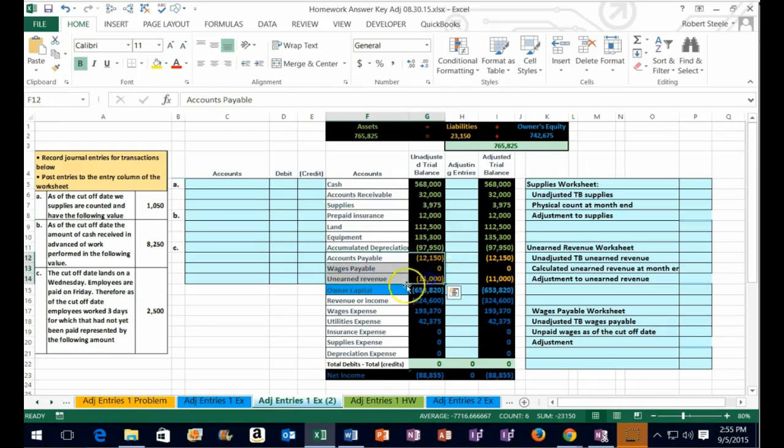We've got the liabilities. We've got the equity and the income statement. Then we're going to record our adjusting entries, which are going to be all as of the end of the time period. And then we're going to have our adjusted trial balance. This will be our adjusted trial balance, which is as close to a perfect accrual basis as we can be, so that we could then use it to create the financial statements.